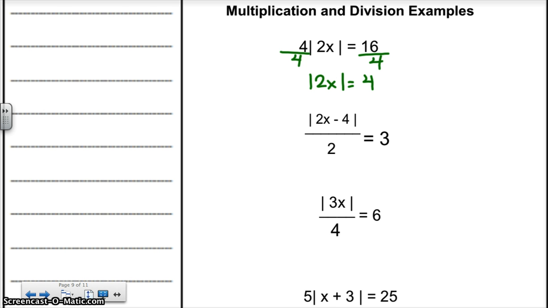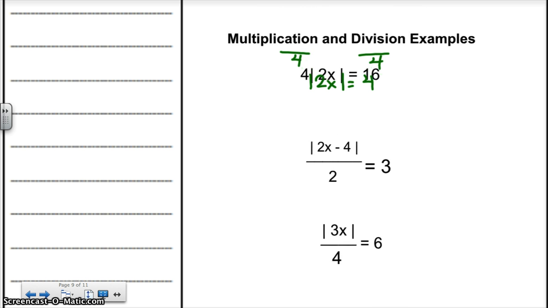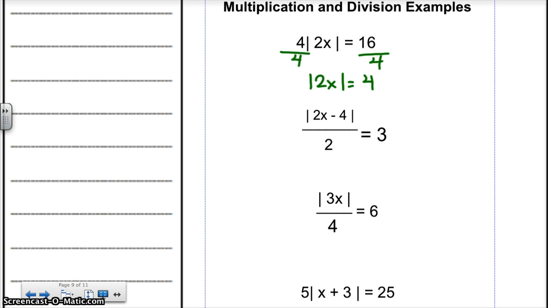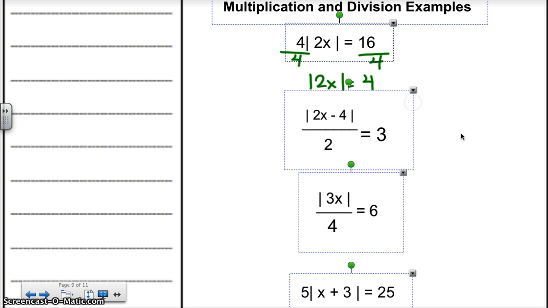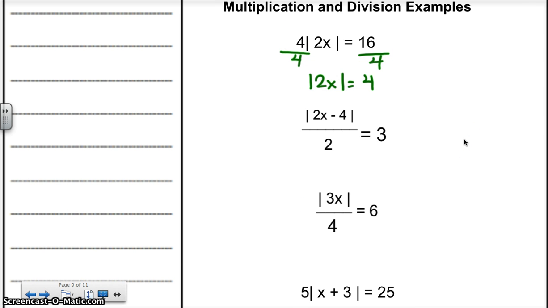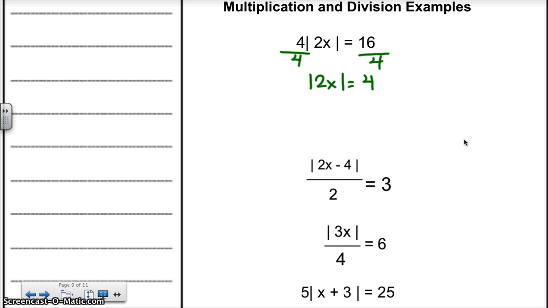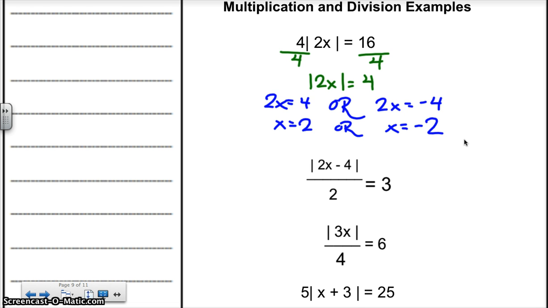Now I can create my cases. Okay, so creating my cases, I get 2x is a positive 4 or 2x is a negative 4. X is 2 or x is negative 2.